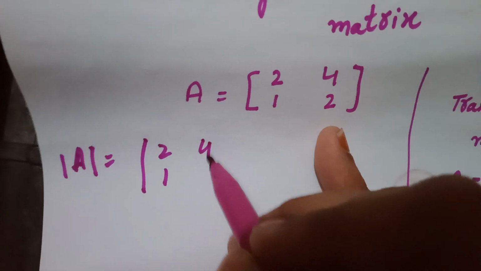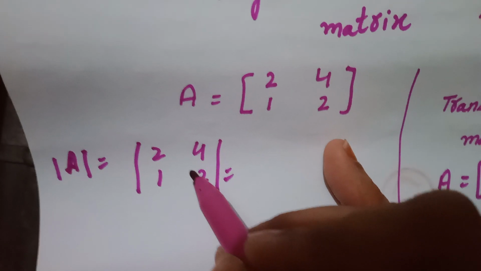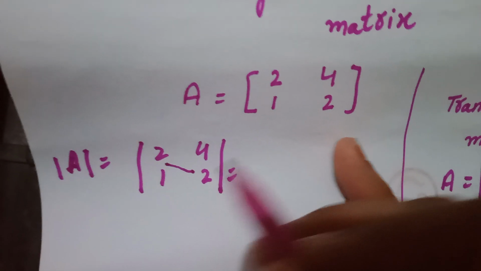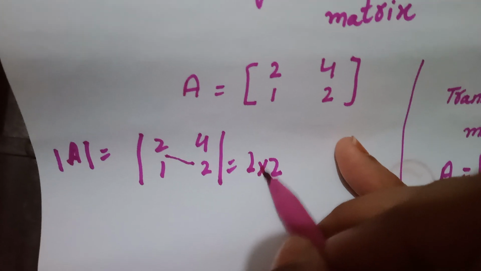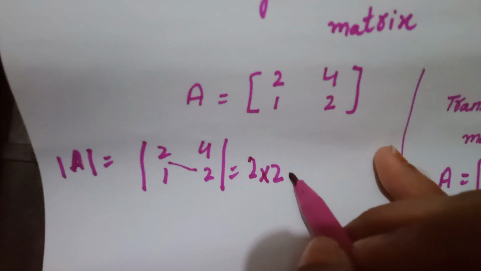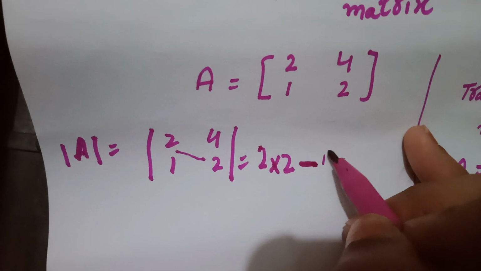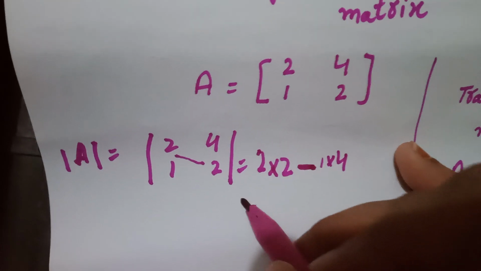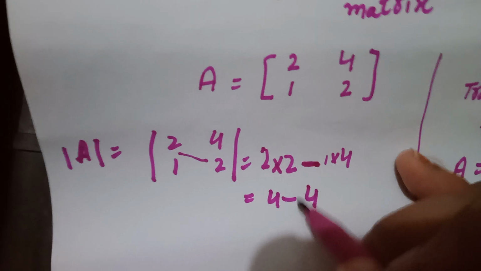So we will find the determinant of a matrix. We will multiply 2 with 2, minus sign, 4 with 1. 2 2s are 4, 4 1s are 4.